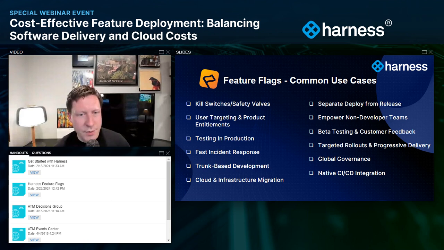But with a feature flag management system, you can do more of these common use cases, like kill switches or safety valves. So if you have, say, a customer that's causing production incidents for you, you can use a kill switch to turn that specific process off for that customer. Not that it would impact them, but maybe if it's impacting something else, you can turn that off and on, right? So you can control how your customer is using that feature.